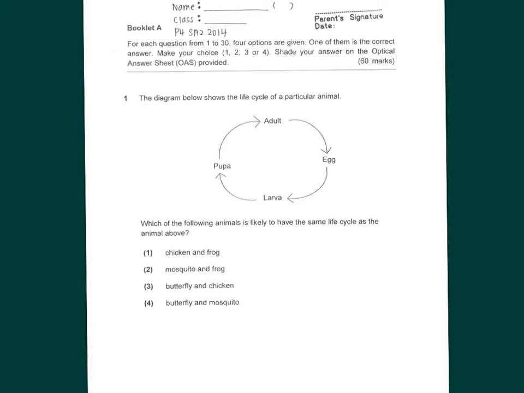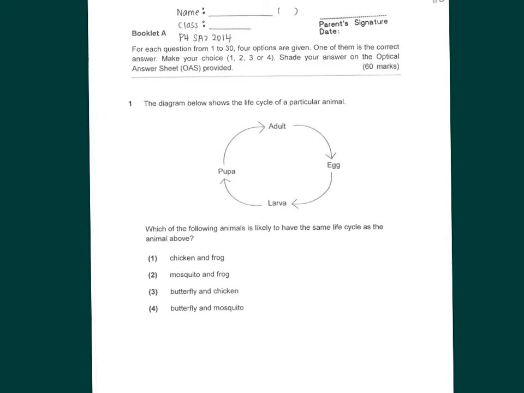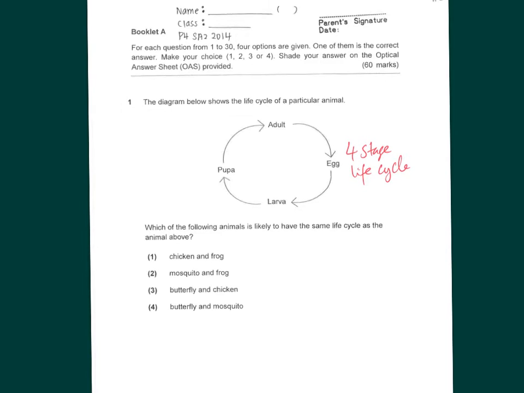So for question 1 on life cycle, the diagram below shows the life cycle of a particular animal. This animal has a 4-stage life cycle. Animals with a 4-stage life cycle that you must know, covered in the syllabus, are: number 1, the cockroach. Number 2, the butterfly.